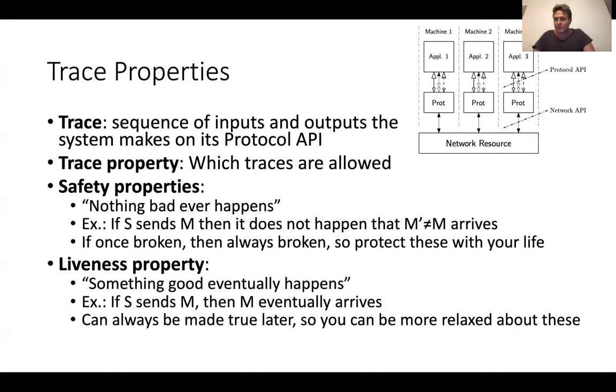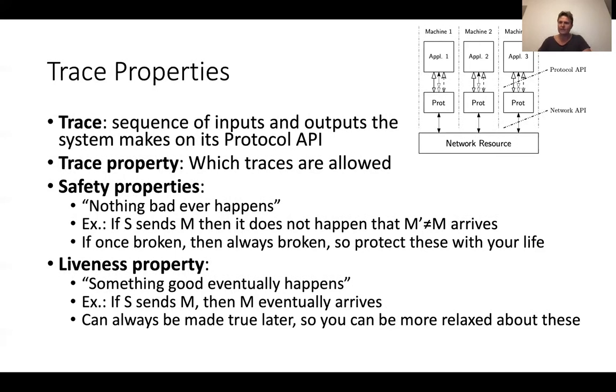Another formalism for arguing about behavior of systems is so-called trace properties, which we will also use quite a lot. So sometimes instead of taking a system and comparing it to an ideal system, we'll talk about what it's supposed to do by giving what's called trace properties.